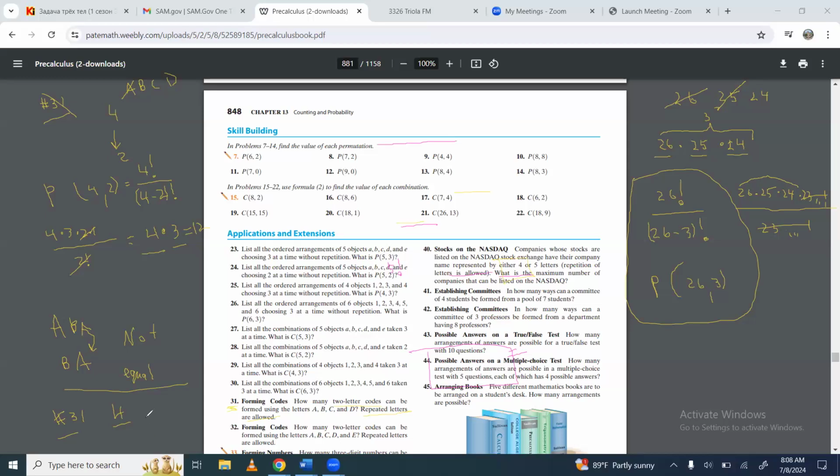But for the second position, you again have 4 choices. In other words, if you selected A, it doesn't mean you cannot use it again. So you can use codes like AA or BB, because in the case of permutations, repeating is not allowed.